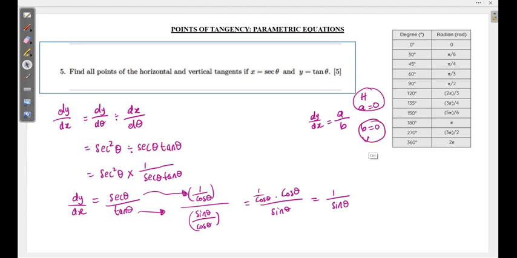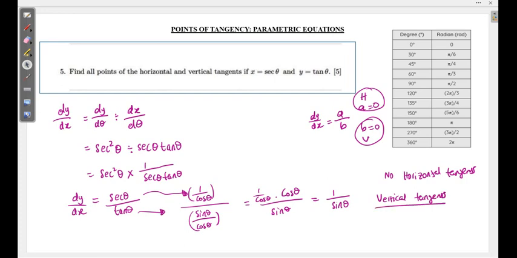In this case, because here it's just a number, we are not going to have any horizontal tangent. However, we do have sine theta, so we can equate it to 0 to find the vertical tangent.